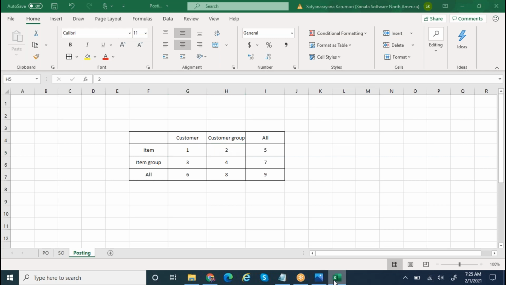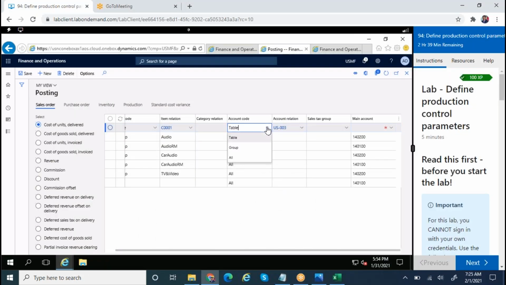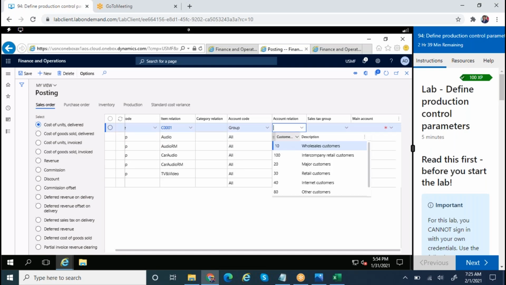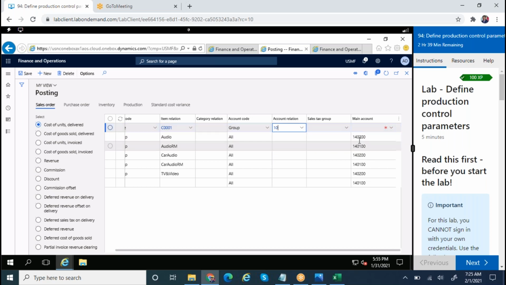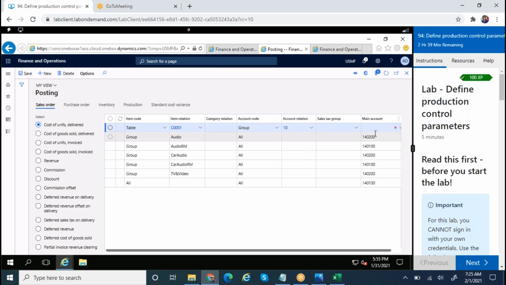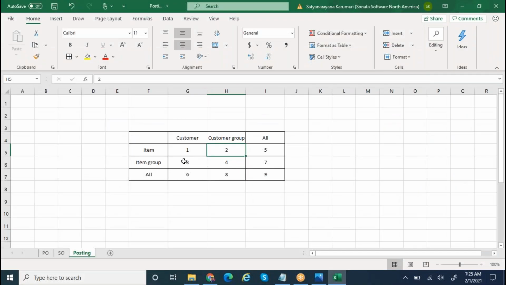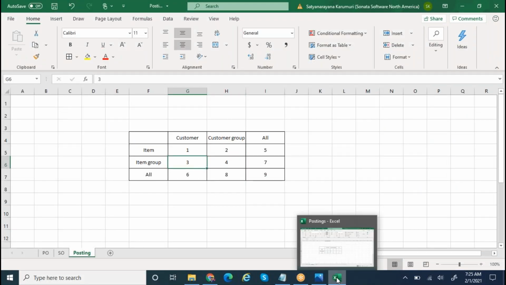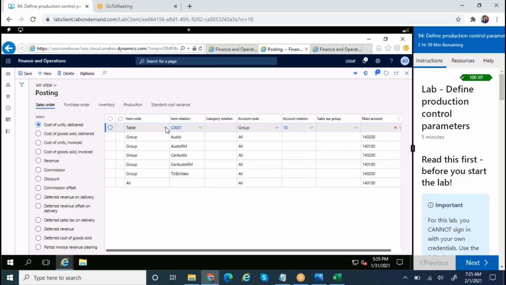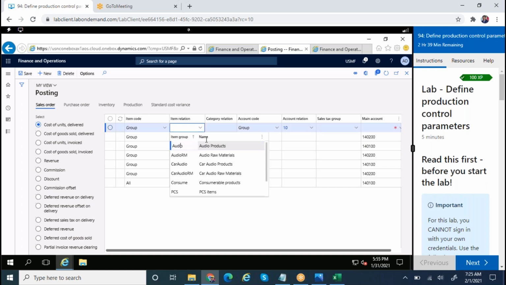Second priority, customer group. I can map ledger account. This is second priority. Third priority, item group and customer. Item group and customer.